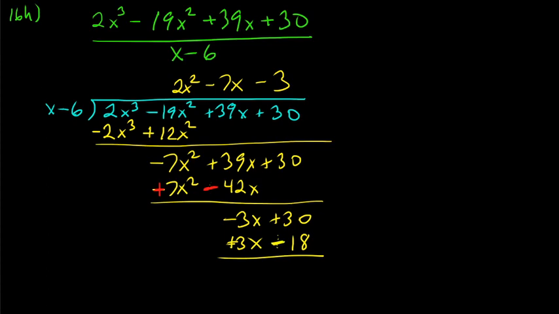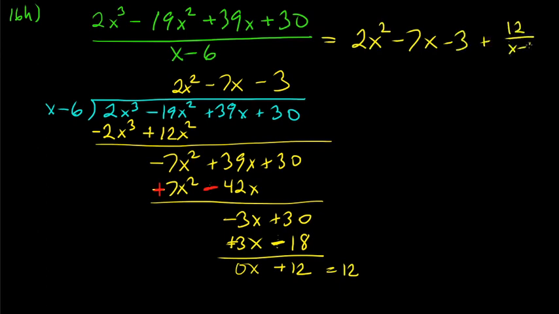Oh, that was a sloppy erase on my part here. All right, so when you add these, you should just get 0x plus 12. So the 12 is the remainder. So the answer should be 2x squared minus 7x minus 3 plus 12 over x minus 6.